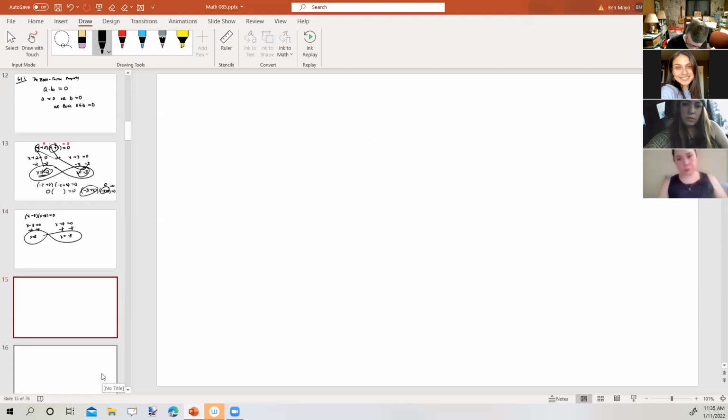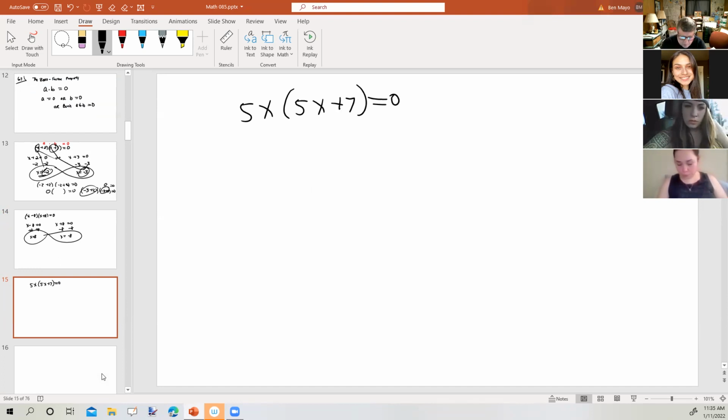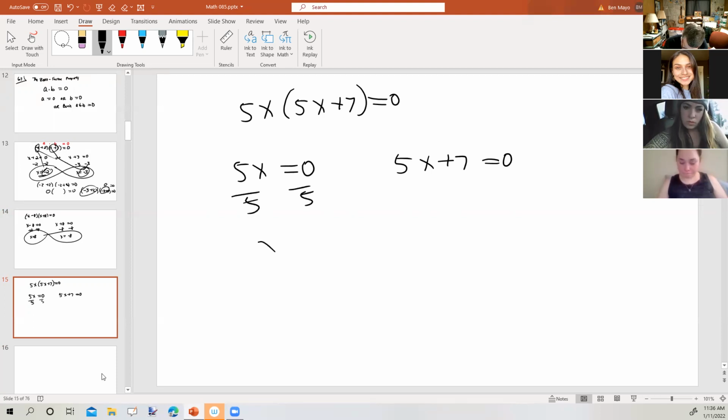All right, here's another example. 5x times the quantity (5x + 7) equals 0. So that means either 5x = 0 or 5x + 7 = 0 or both. If 5x = 0, dividing both sides by 5, x = 0.